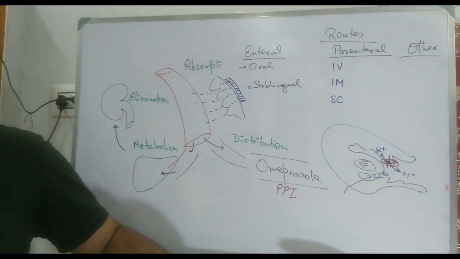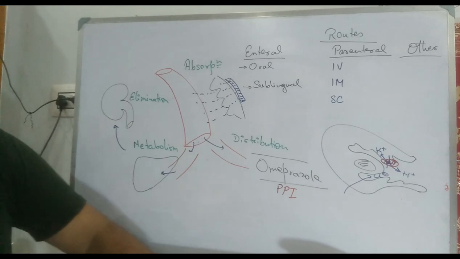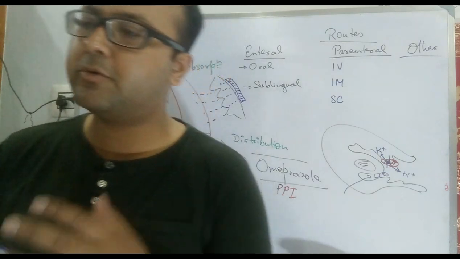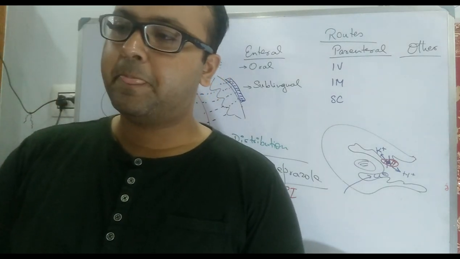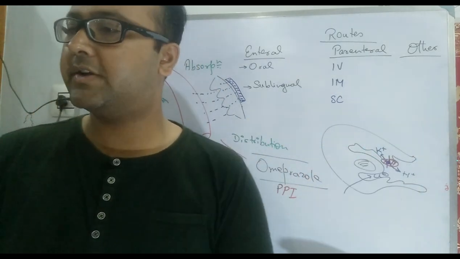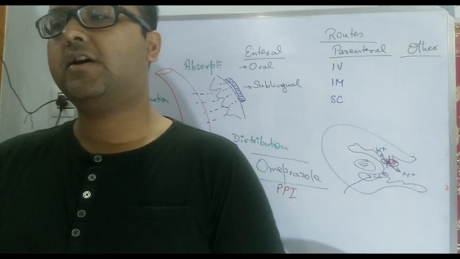Once again, suppose I talk about another drug called aspirin. Aspirin is a severe irritant in our stomach. Later I'm going to tell you that aspirin actually stimulates the release of acid over here. Aspirin is very dangerous for your stomach.